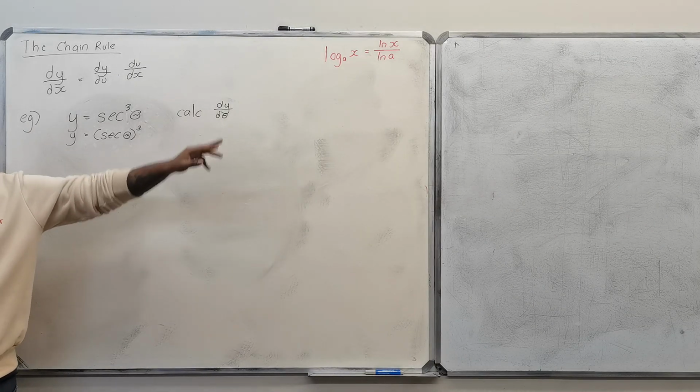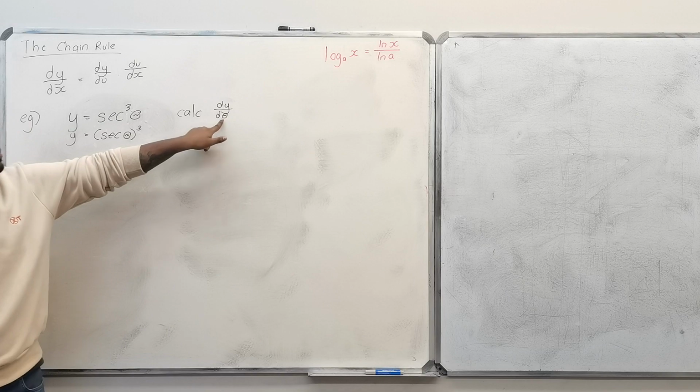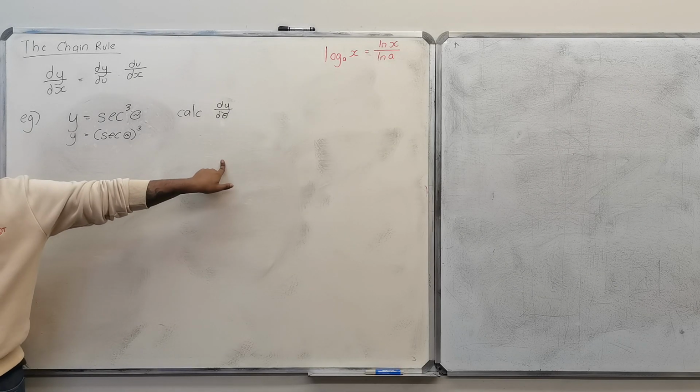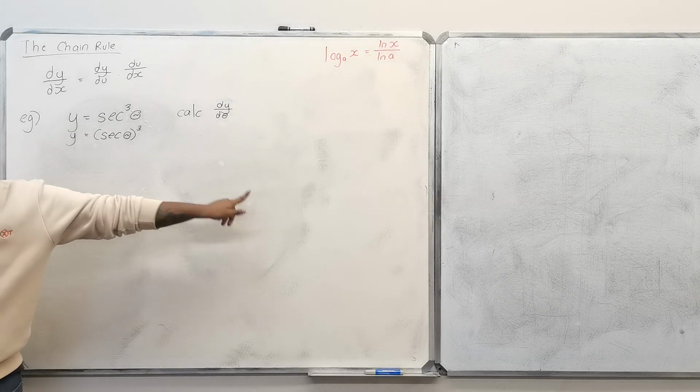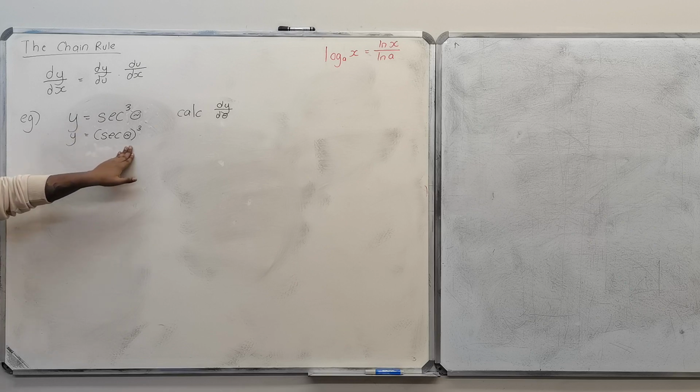Remember, dy over dx is the derivative of y with respect to x, so you let u equal the function that had x as the independent variable. Here they ask you to derive y with respect to theta, so you let u equal the function whose independent variable is theta.